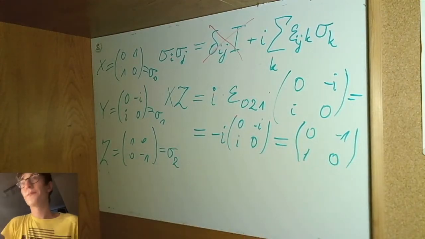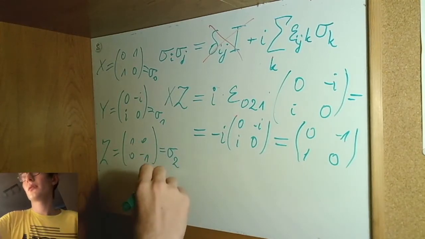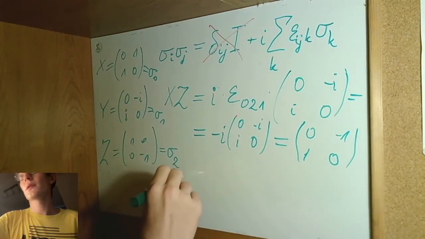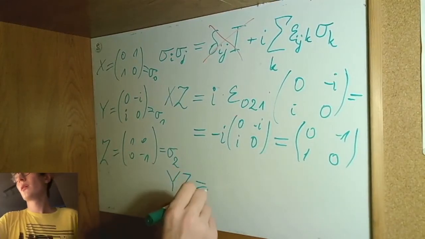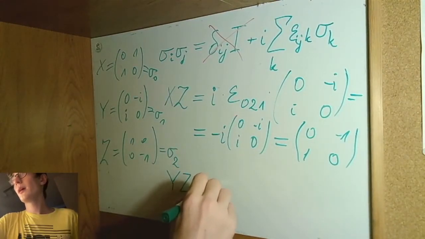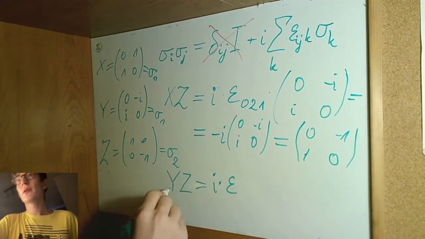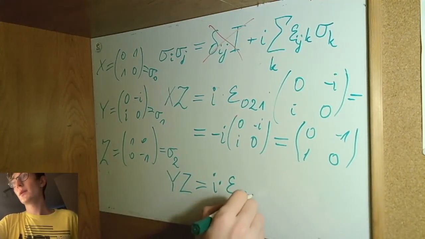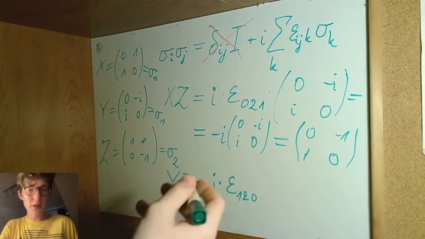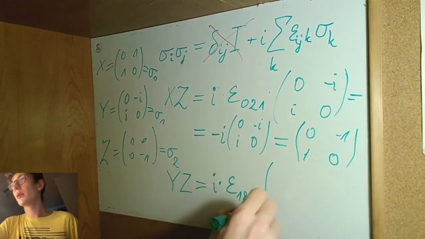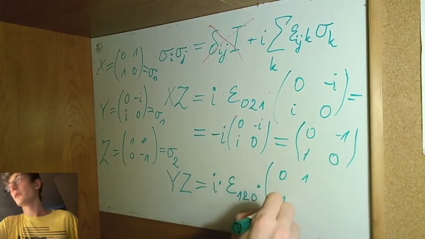So that's the answer. And we can also do the last one, which is YZ. I will quickly check whether these are the cases that we are supposed to do. Yes, so this is the second one. And this will be i times epsilon 1, 2, 0, and this one is a clockwise order, so it will be 1, times 0, 1, 1, 0.